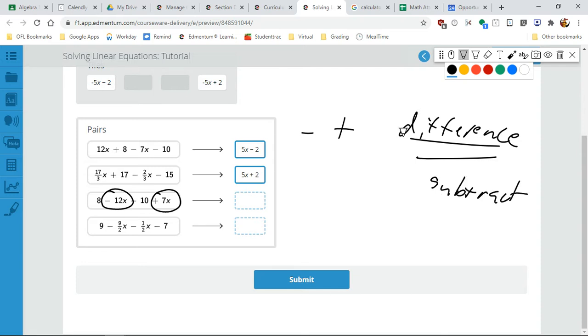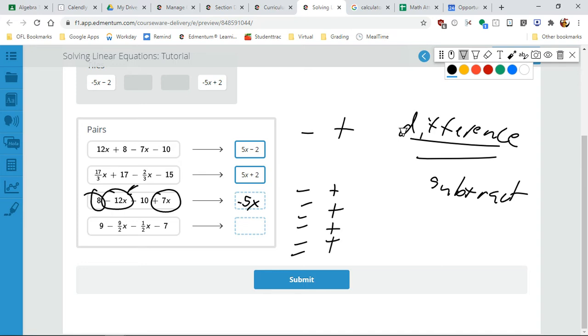So if they're different, we're going to subtract. 12 take away 7. So in my head, I'm always like, well, 7 is 3 away from 10, plus 2 more is 12. So we're 5 away. But there's more negatives than positives, so it's a negative 5x.